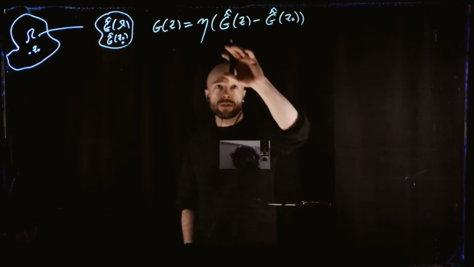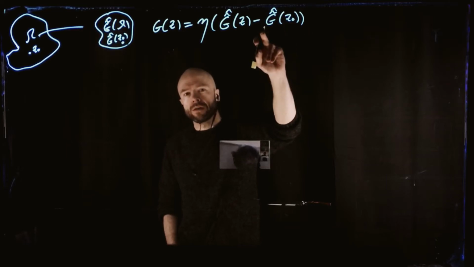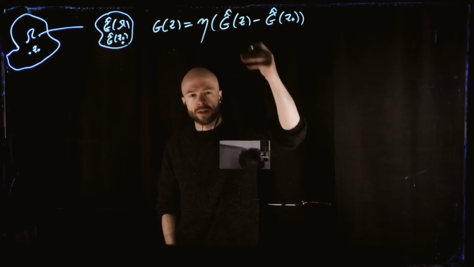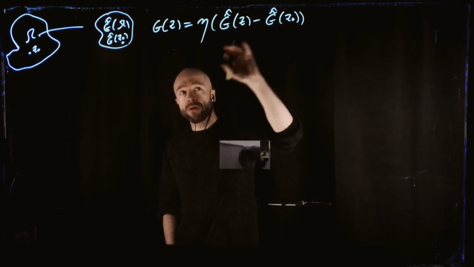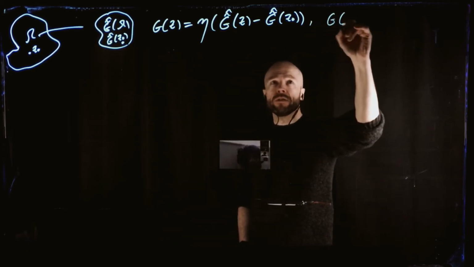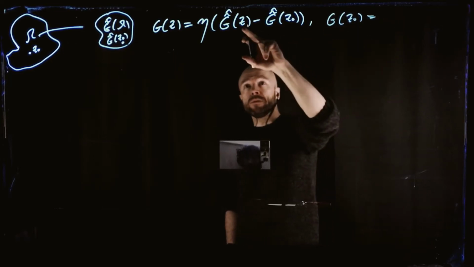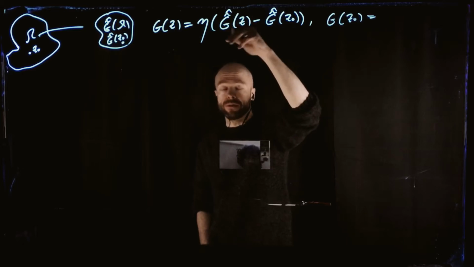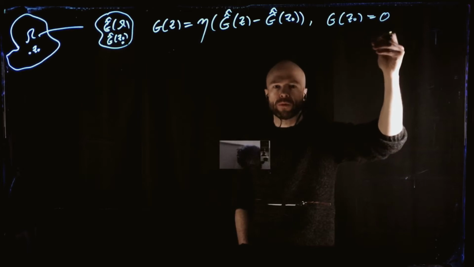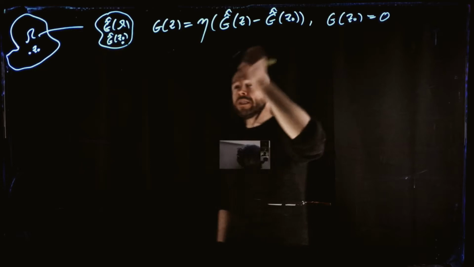And what is this? This is just an affine adaptation, right? We're just shifting our thing and then we're rescaling it. Which is another conformal mapping. So it's like composing on the outside with another conformal mapping. And this does what we want because G of z0 is equal to eta times G tilde hat z0 minus G tilde hat z0. It's 0, so it maps our point onto 0. So it's definitely now got 0 inside the image.